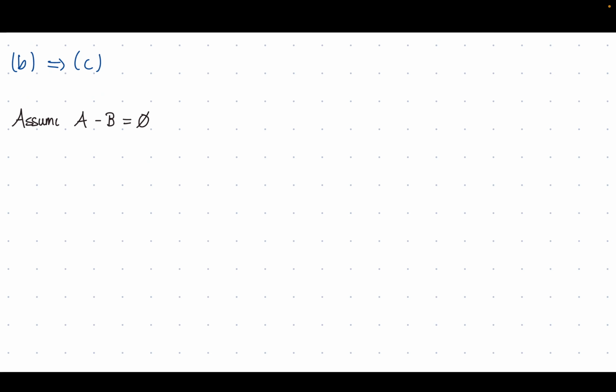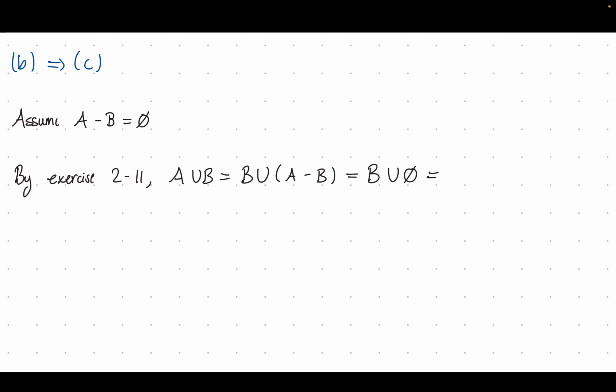So now by exercise 2-11, A union B is equal to B union A minus B. But, of course, A minus B, we assumed, is the empty set. So it's going to be B union the empty set, which is just equal to B.